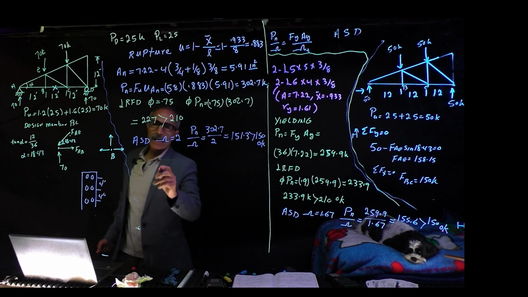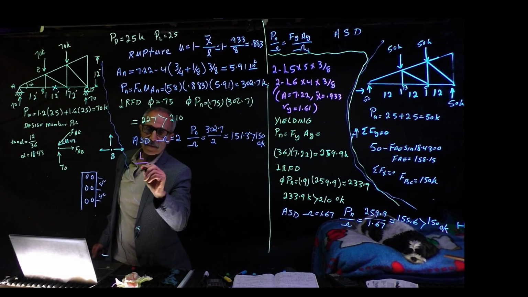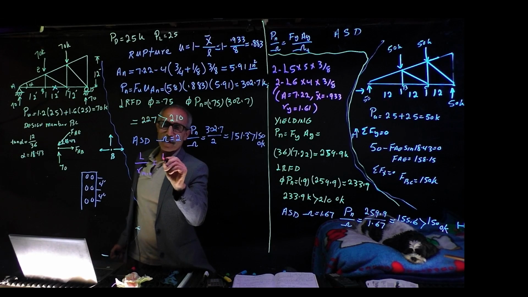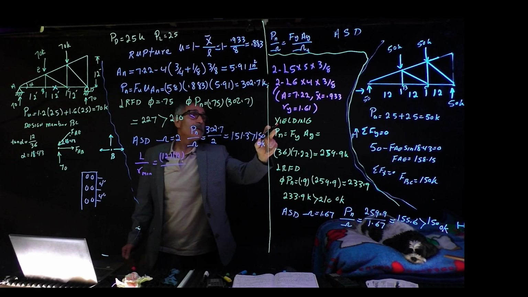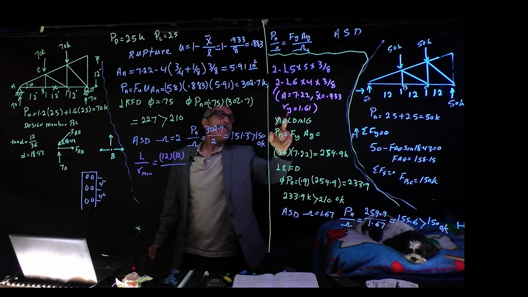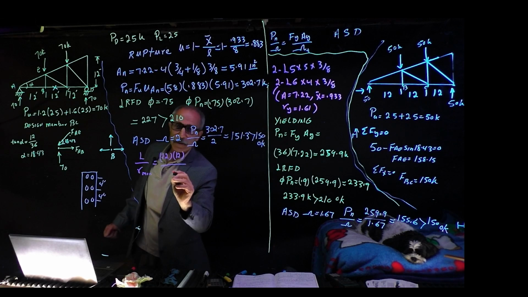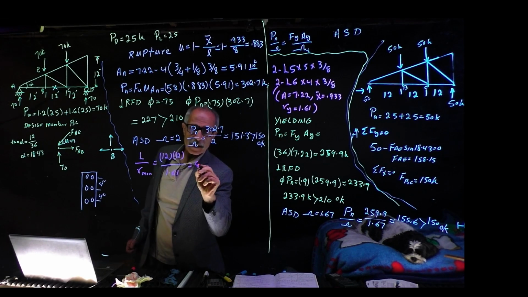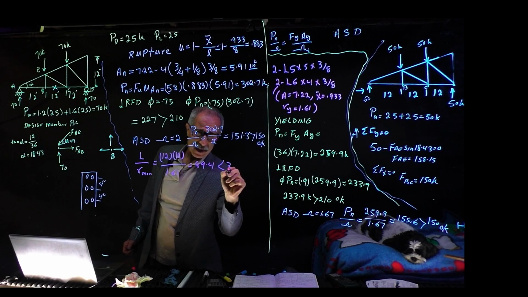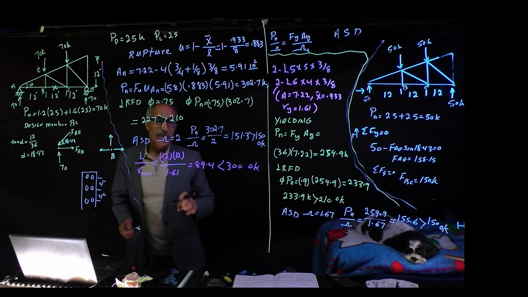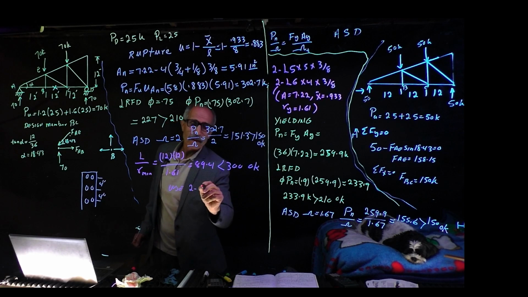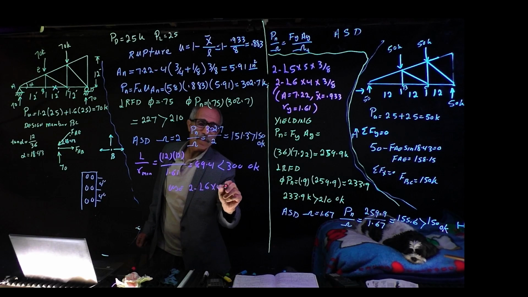So if you look at the slenderness ratio, L divided by r minimum, and our L was 12 times 12, and r came out to be 1.61. That's equal 89.4, which is less than 300. We met that also. Now we can say, okay, use 2 angle L6 by 4 by 3/8.